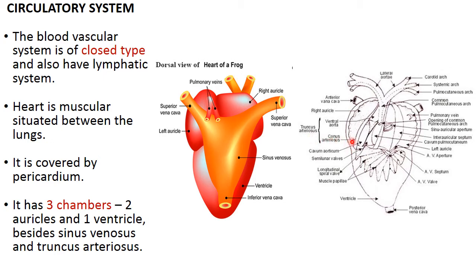Truncus arteriosus, एक bulbous structure that is called as truncus arteriosus. जो इसका distal portion है उसको conus arteriosus बोलते हैं, जो ऊपर वाला portion है ventral aorta बोलते हैं, जो बाहर निकल के branch होगा 2 branches में. That's all about the heart of the frog.